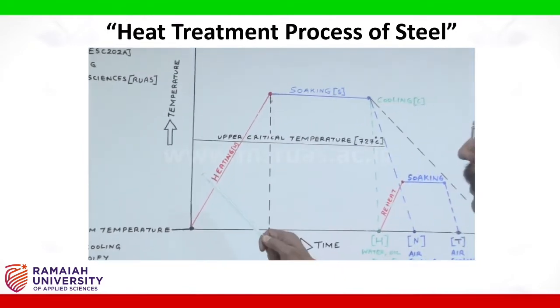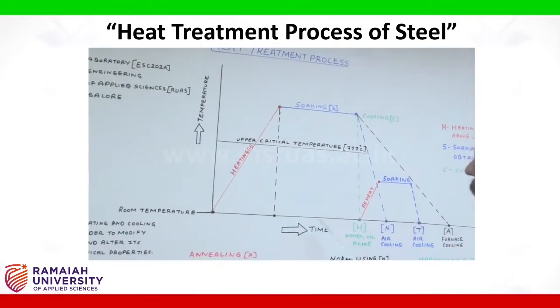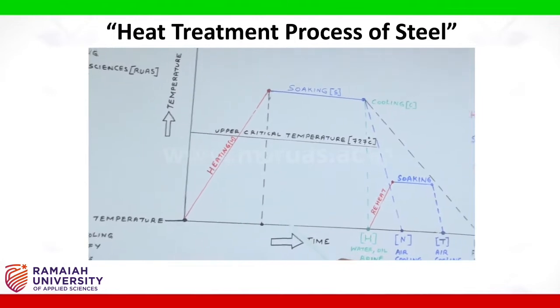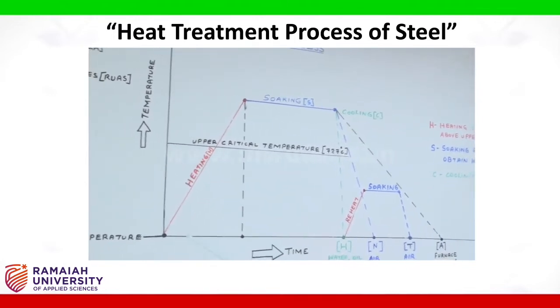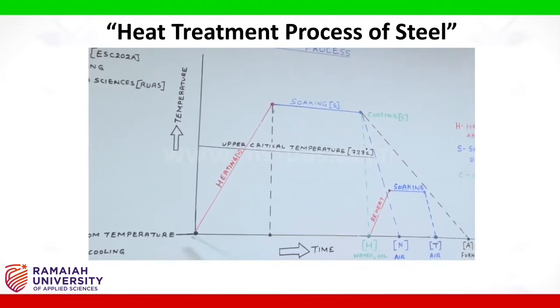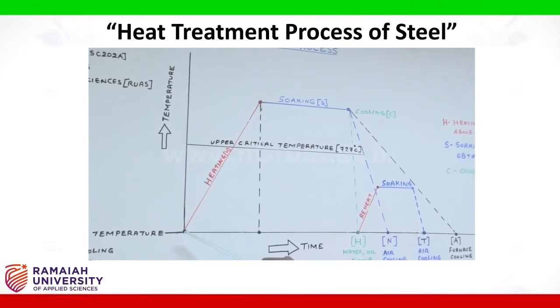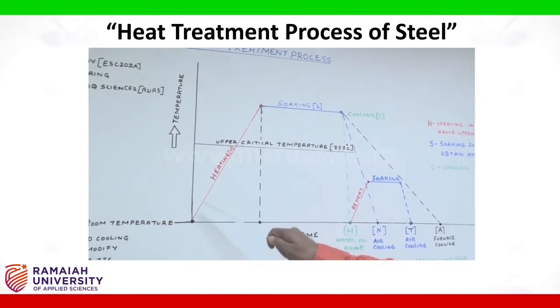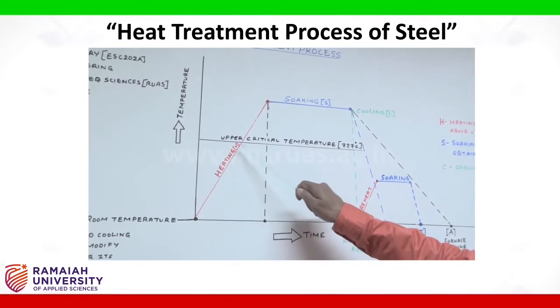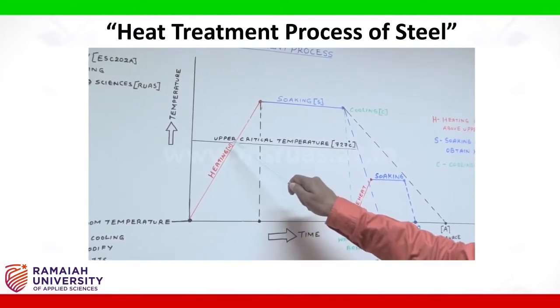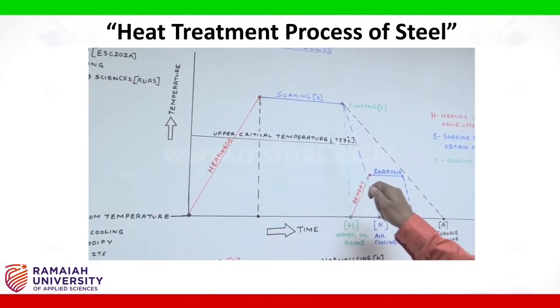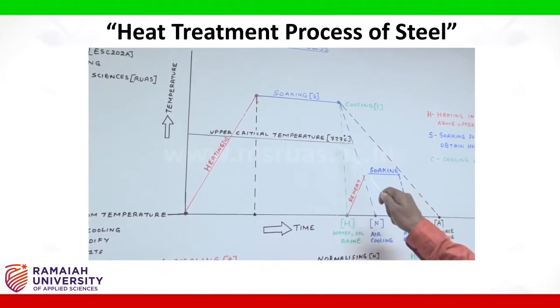Now let us see the temperature versus time during heating process. We keep the samples at room temperature in the furnace and then start heating. Heating has to be carried out, which has to be crossed at upper critical temperature, that is 727 degrees centigrade.